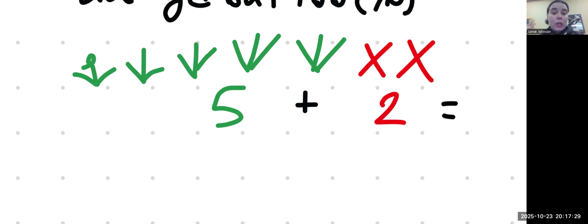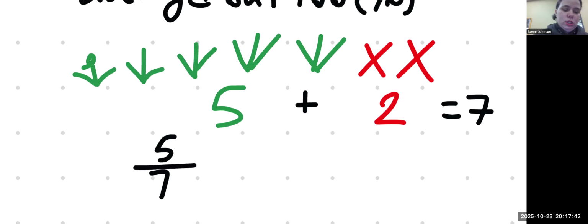We're talking about germination rate here, so we're talking about the successful number of plants that we have. So we would go 5 successes out of 7 total.